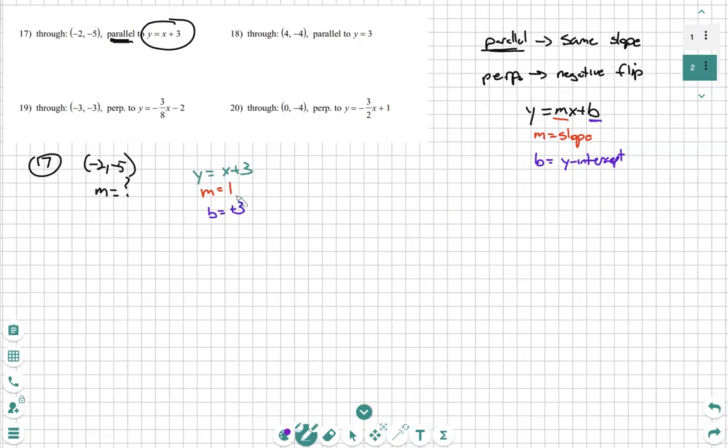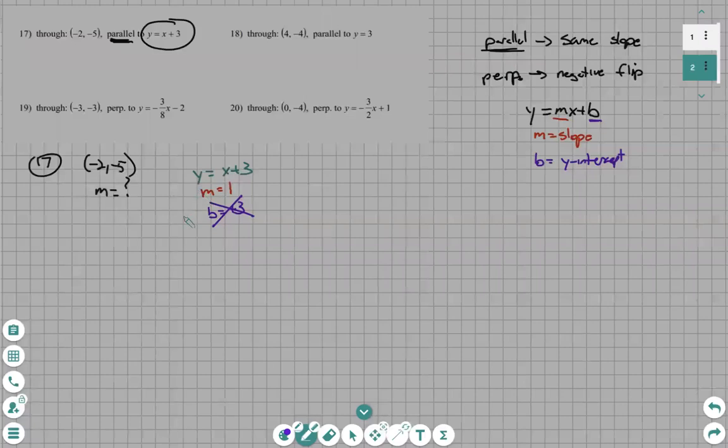Now, when we're talking about parallel and perpendicular, do I care about the y-intercept of this line? No, I do not. All I'm going to care about is the slope, because a parallel line means the same slope. So we found the m for this line. Now we need to find my m.